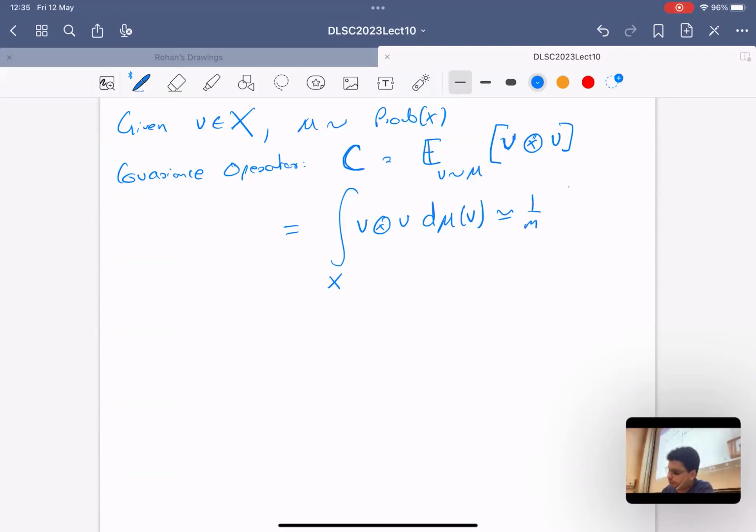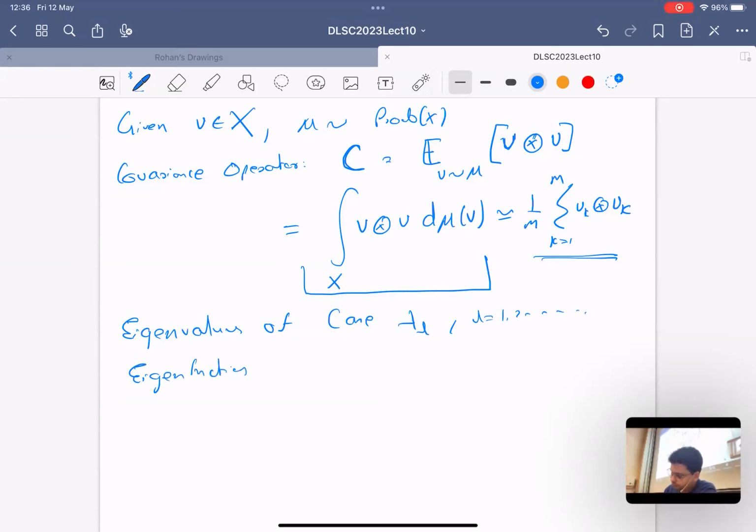So it has a spectrum, and let's say the eigenvalues of C are lambda_l, l equal to 1, 2, and so on, because it's a continuous object, and the eigenfunctions of C are psi_l. So lambda and psi are the eigenpairs.